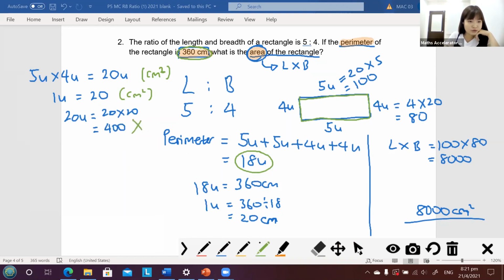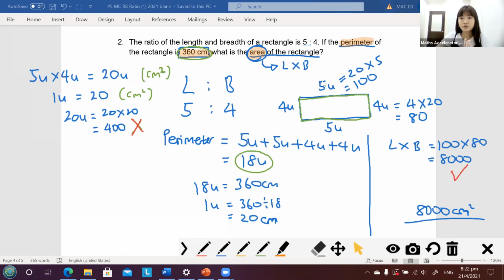Yes. I think 2 of you asked, right? Cannot, because when you times it, the units are different. You times already is cm square, but your units is not in cm square, it's cm. So it doesn't match. So you cannot do this method. It's better if you go and find the length and the breadth, then you just times together to get the area.